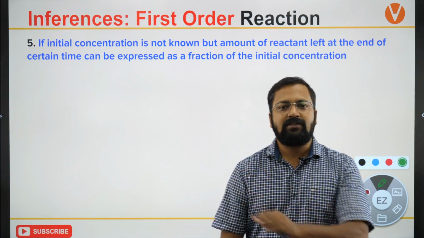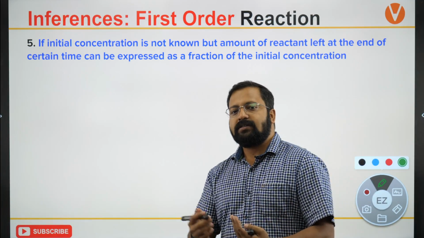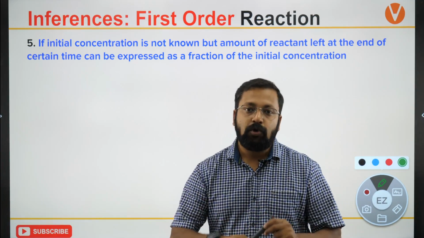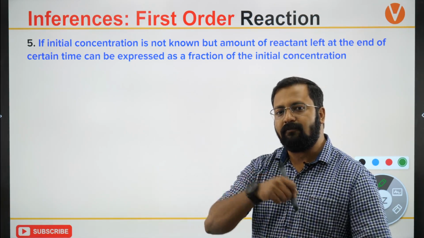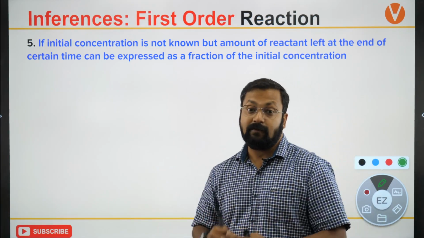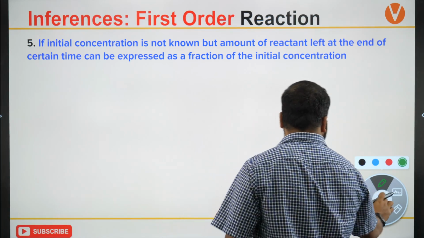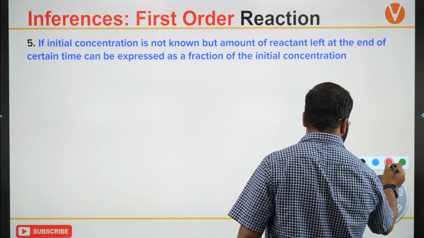Let's say I do not know the initial concentration. What is the expression that I would use to calculate the rate constant? Because everything revolves around the rate constant. So see how it should be done.